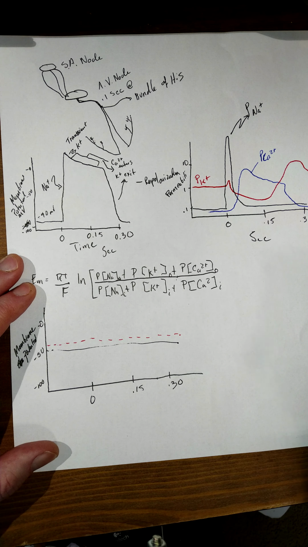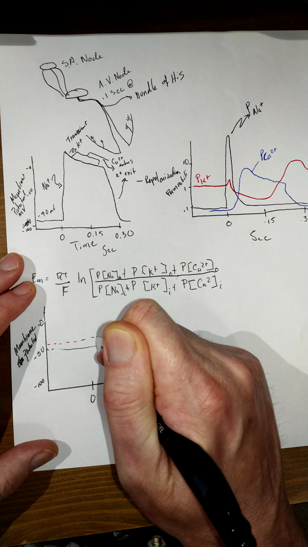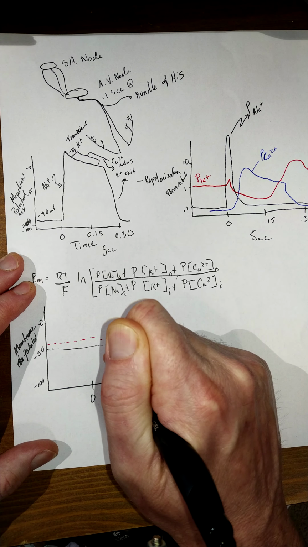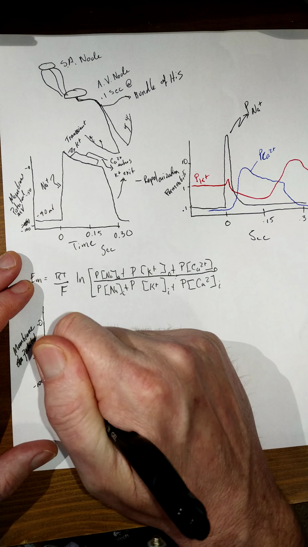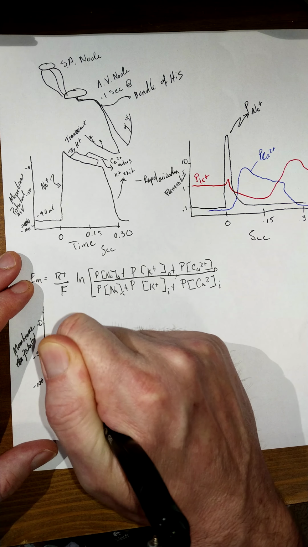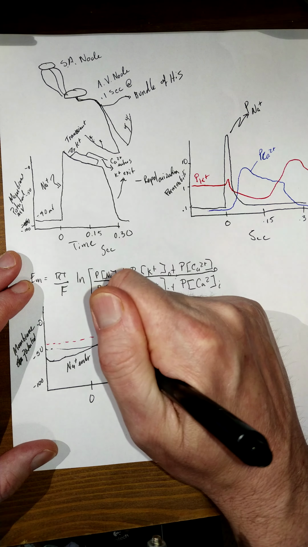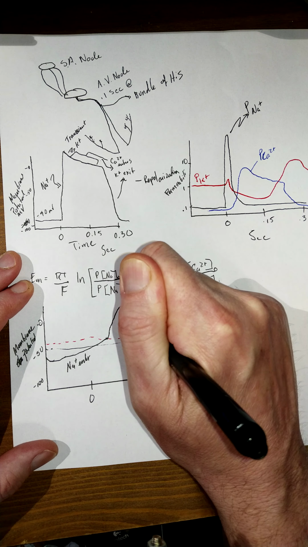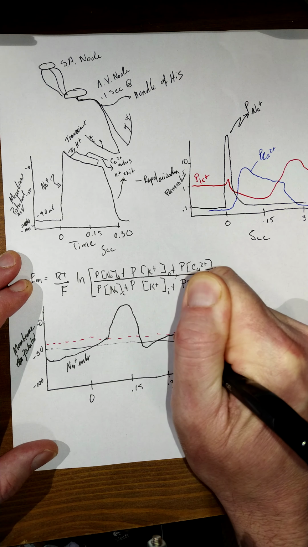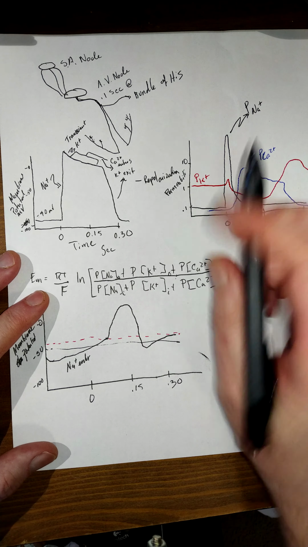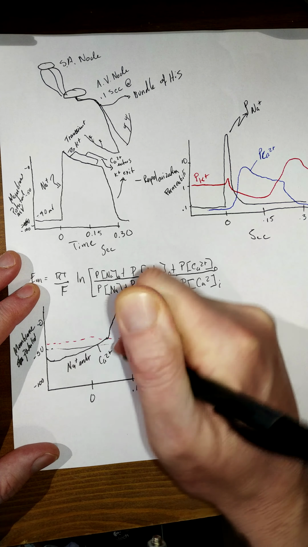Okay, so as sodium enters the cell, I'm just going to draw backwards because it works a little bit better that way. So this is sodium entering. And then calcium enters here.